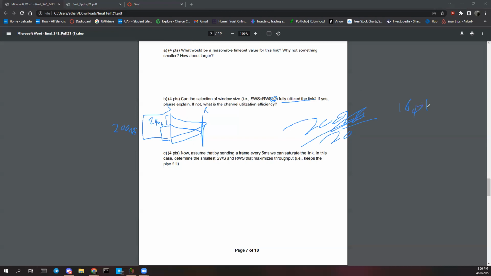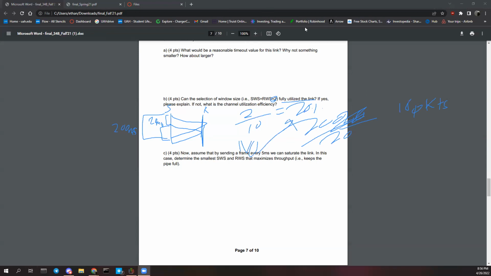In theory, you can send 10 packets in this window. So you could have a window size of 10, but we send 2. So our efficiency is 2 over 10, an abysmal 20%. Don't do that. That's not a good plan. So your answer is no, and you point to the poor efficiency.